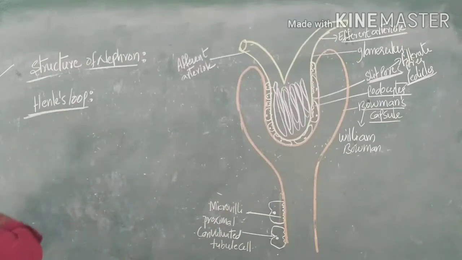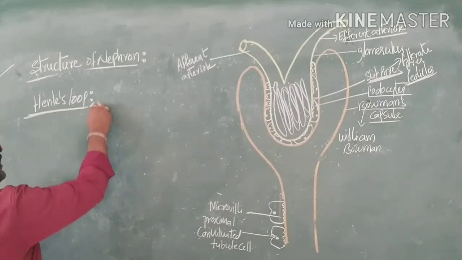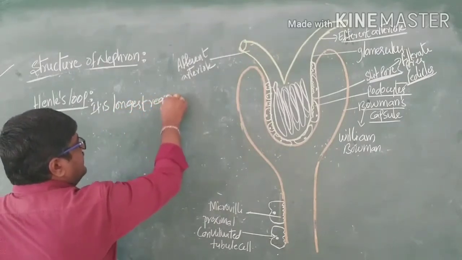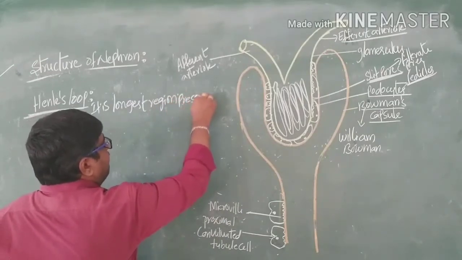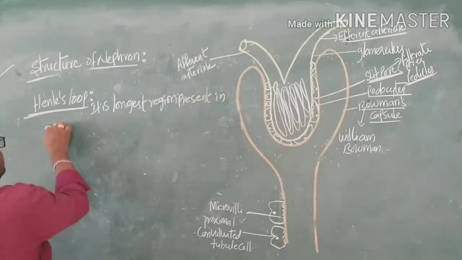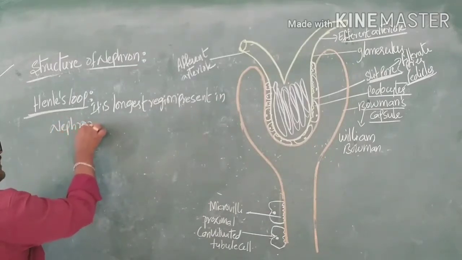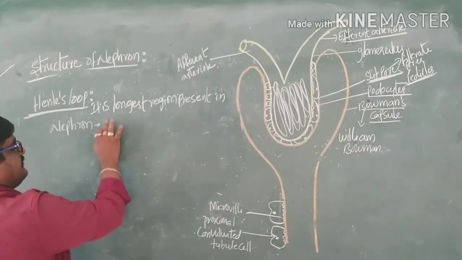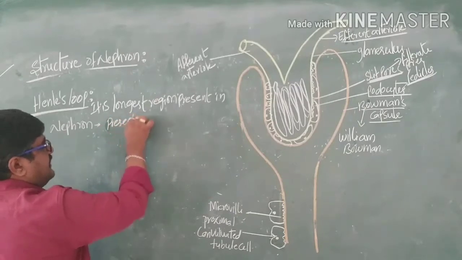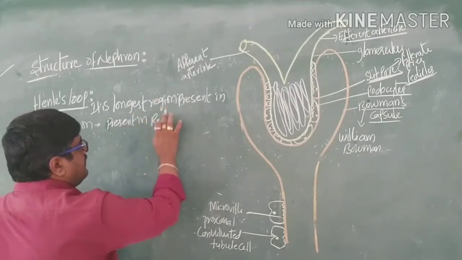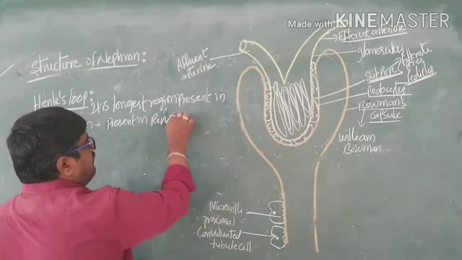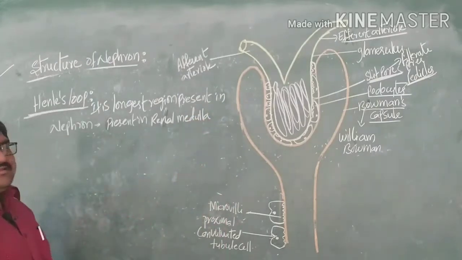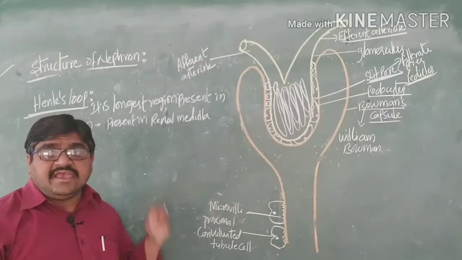Next, coming to the Henle's loop, it is the longest region present in a nephron. It extends into the renal medulla, where it is the longest part of the nephron.